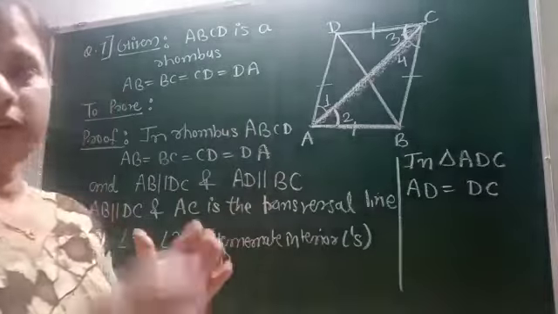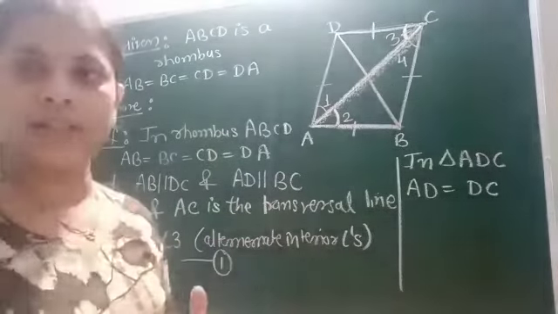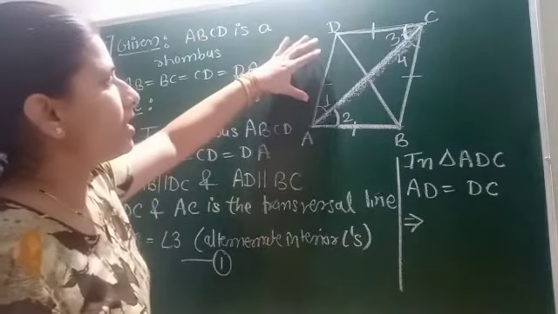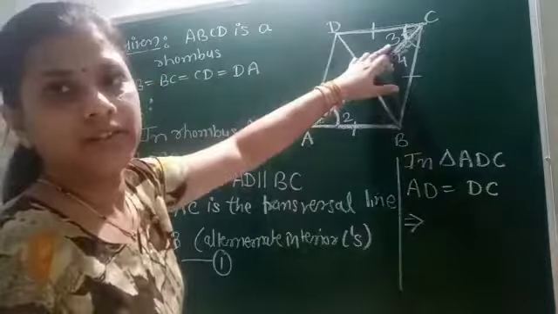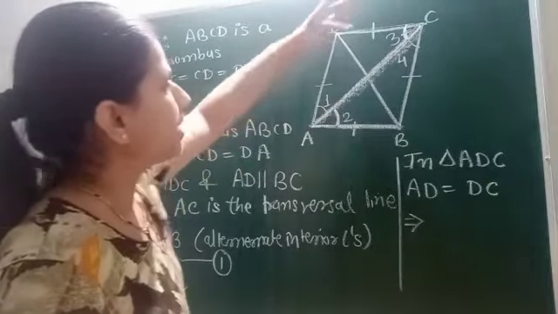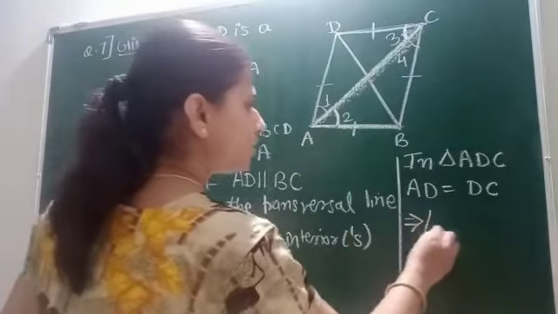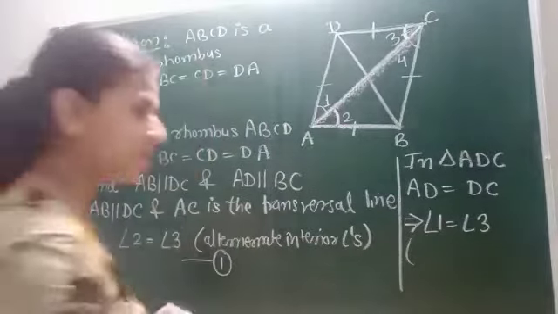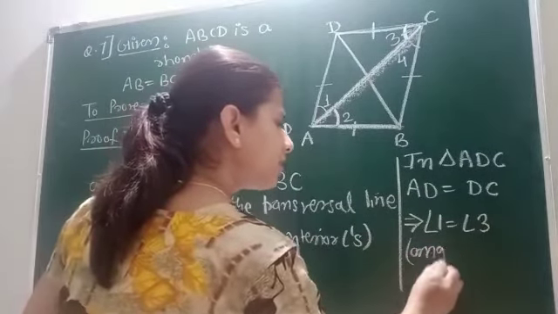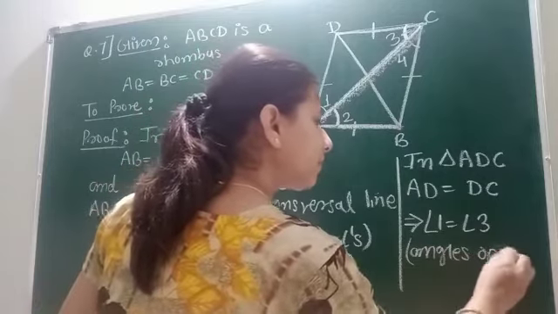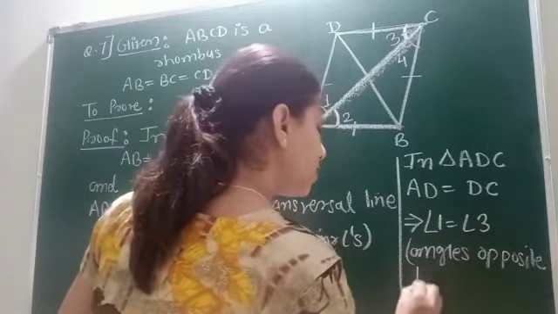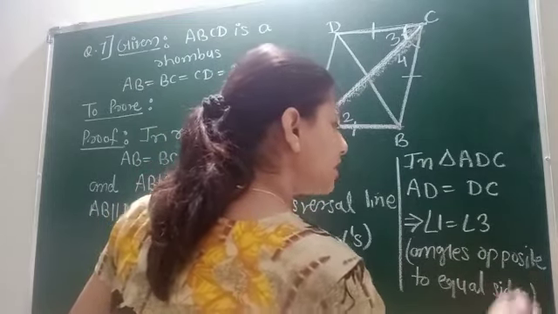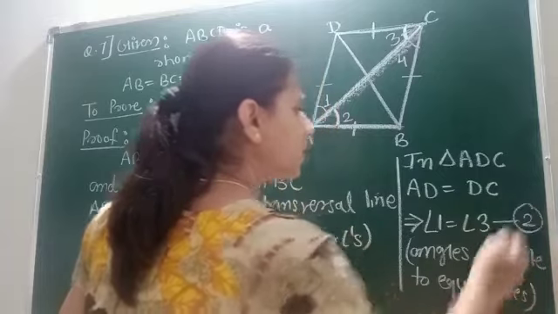As we know, if in any triangle two sides are equal, their opposite angles will also be equal. As you can see, the opposite angle of AD is your angle 3 and the opposite angle of CD is your angle 1. So angle 1 will equal angle 3. And it is very necessary to mention the reason, student: angles opposite to equal sides. Let's suppose this one is our equation number 2.